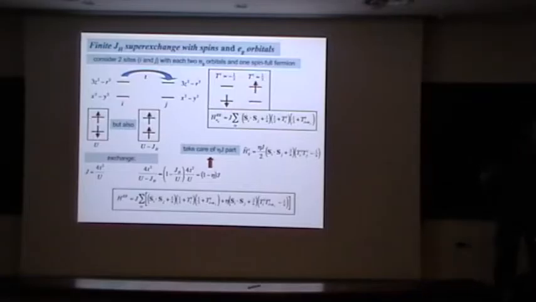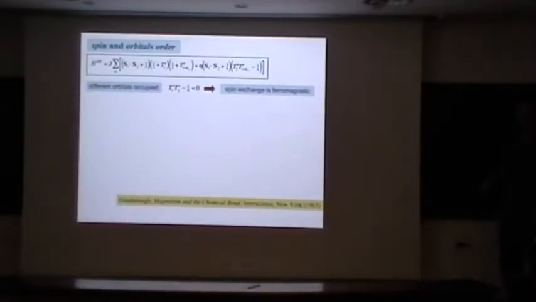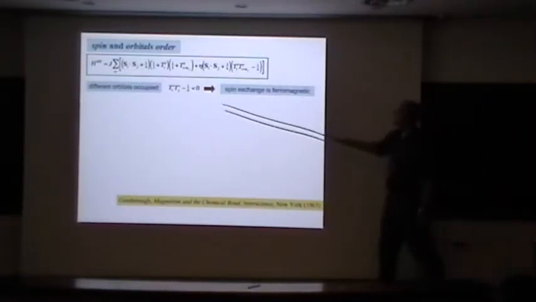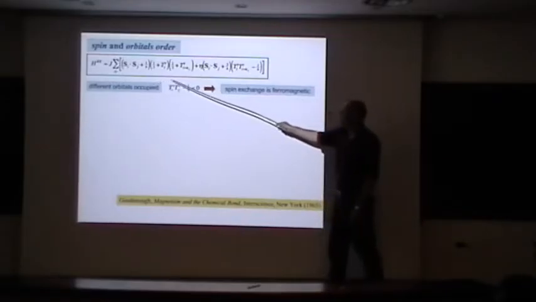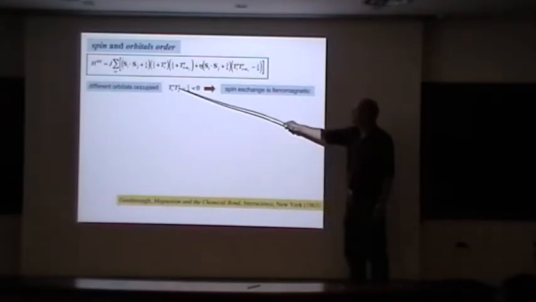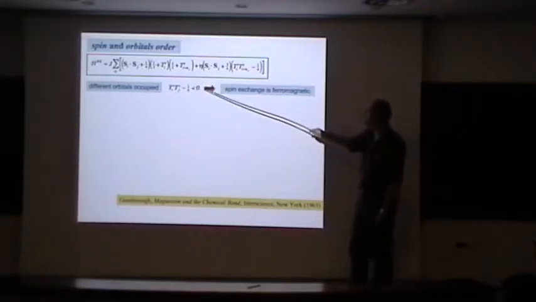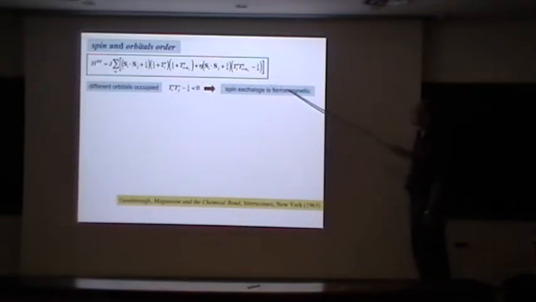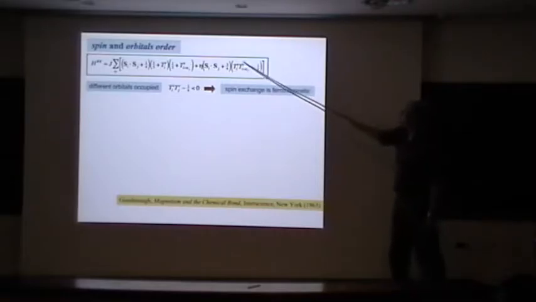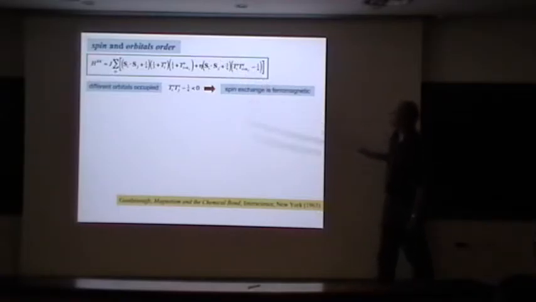So now let's see what kind of ordering I get. Here's this Hamiltonian again. If different orbitals are occupied, then Tc minus 1/4, this is minus a quarter, is smaller than 0, so the spin exchange is ferromagnetic. This thing is negative, so the spins want to be ferromagnetic.